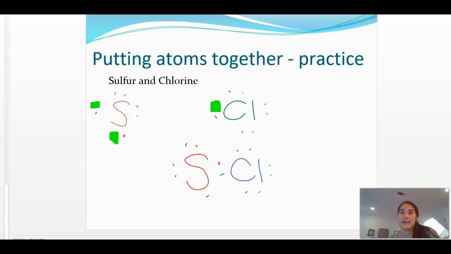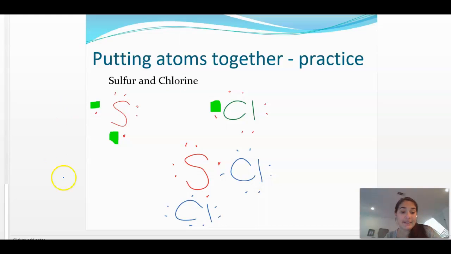This is where something else has to come in to make that sulfur happy. And I am telling you again that only sulfur and chlorine are involved. So it takes another chlorine in its unpaired spot. So when sulfur and chlorine come together, it is going to take 2 chlorines and 1 sulfur to make that bond happen.